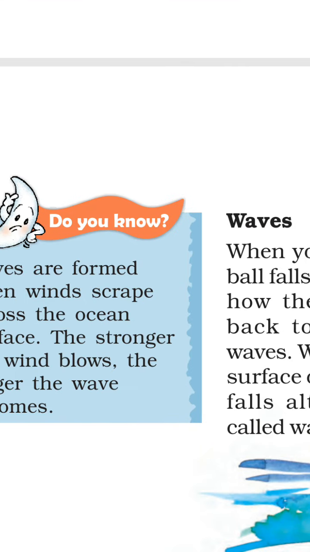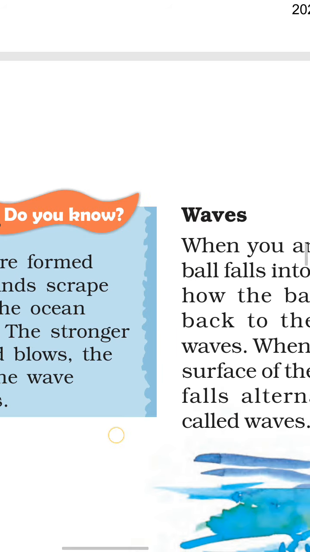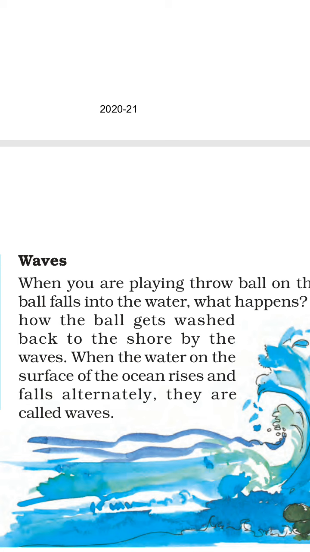Waves are formed when winds scrape across the ocean surface. If the wind is strong, then waves will be bigger. When we put a ball in the water, it splashes out and the ball gets washed back to the seashore by the waves.